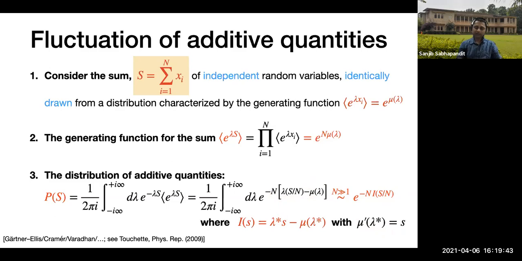What it says is that the probability distribution of the sum of these random variables has this peculiar form, exponential of minus n times some scaling function of s by n, and this scaling function is known as the large deviation function. Okay, this scaling function is of course not universal; it varies from problem to problem. But what is universal is this form, and another universal thing is that if you expand this around the typical value, it has this quadratic form, which should give you the Gaussian distribution.